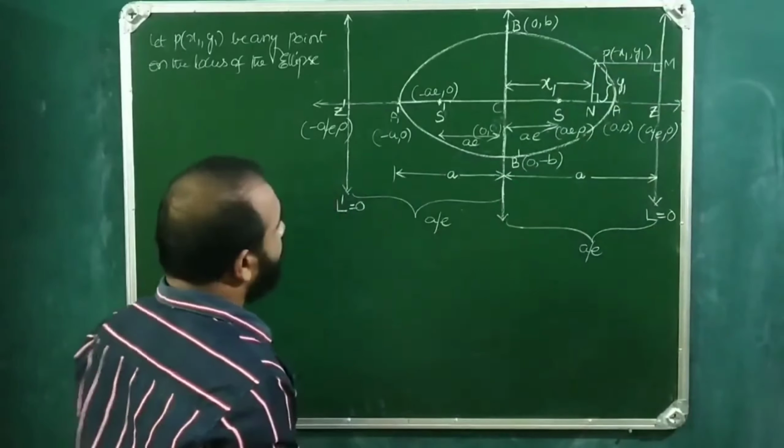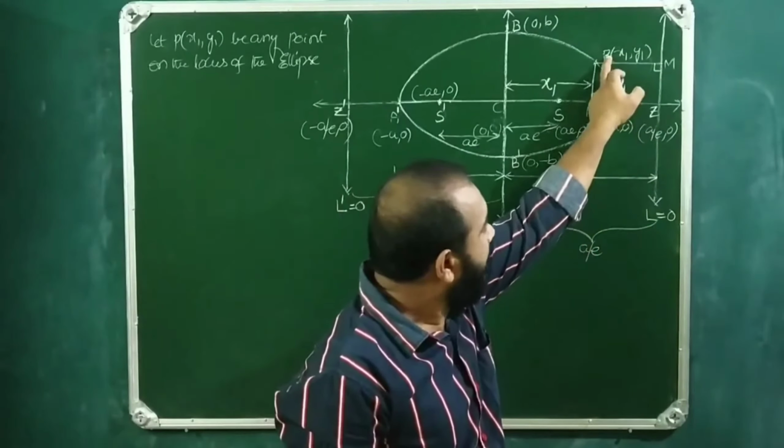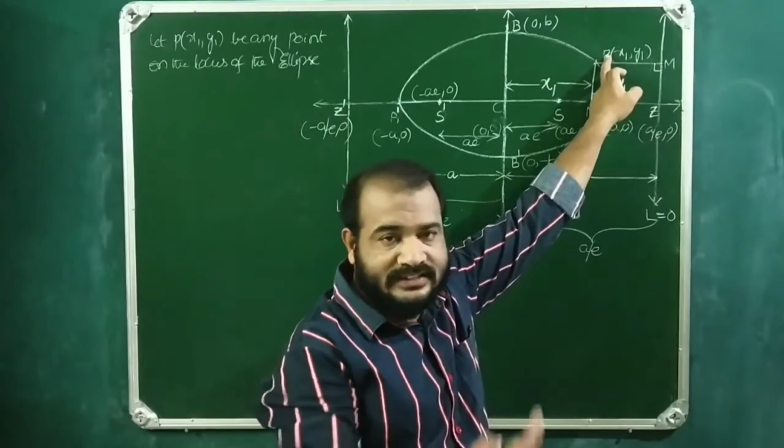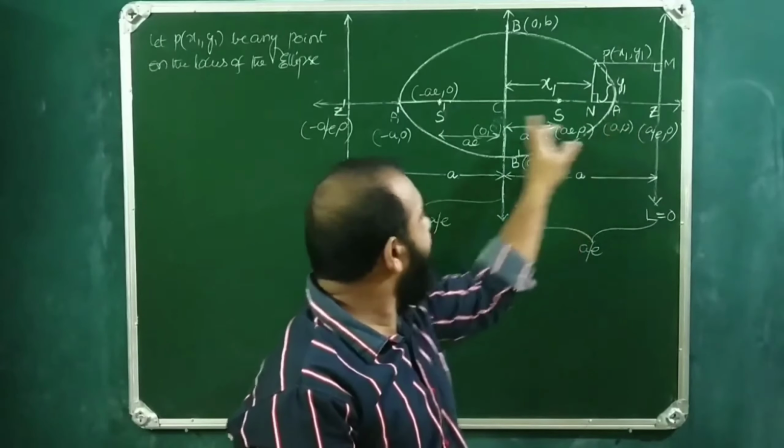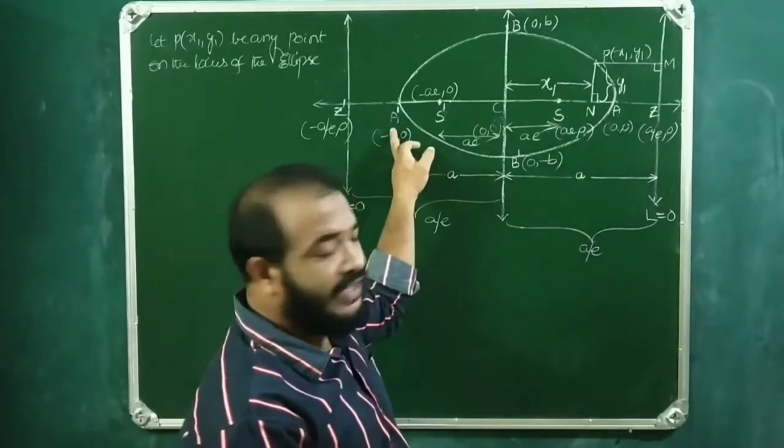Since P is also a point on the ellipse, like A and A dash, we have applied the definition. We can also apply the same definition for this P as well, since P is lying on the ellipse.